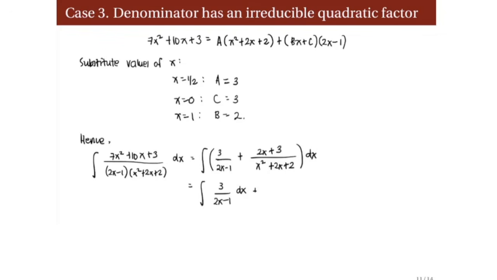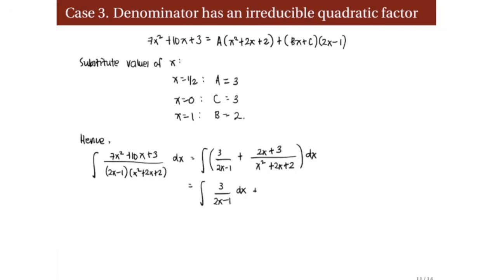di ko alam kung ginagamit to ng iba, pero yung trick ko for this case is to actually resort first to substitution. So, that is, kapag meron kang quadratic factors na partial fraction, try mo i-substitute yung x squared plus 2x plus 2. Again, isipin mo lang siya mentally na kapag nag-substitute ka ng x squared plus 2x plus 2, kailangan mo ng kasama ni dx na 2x plus 2 din, tama? 2x plus 2 or some factor ng 2x plus 2.